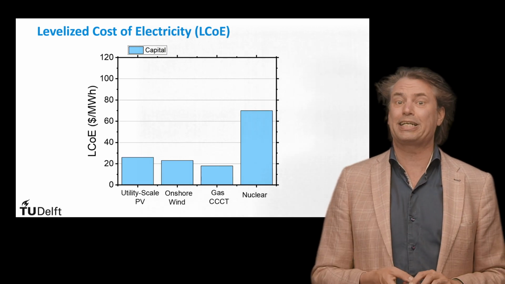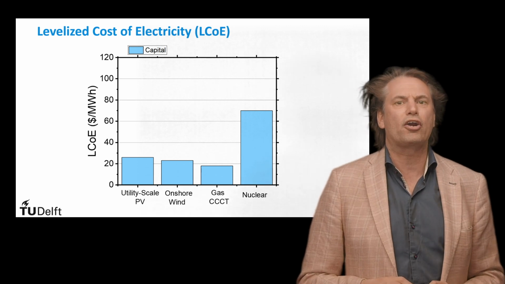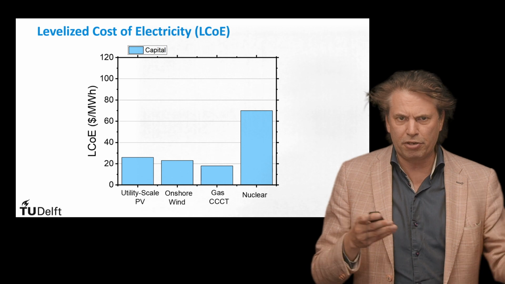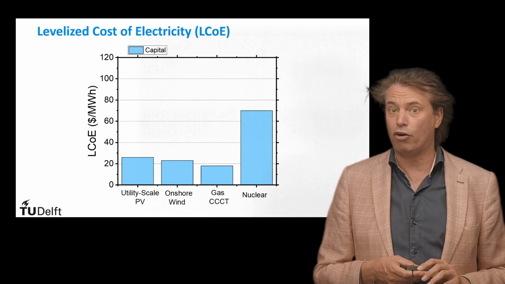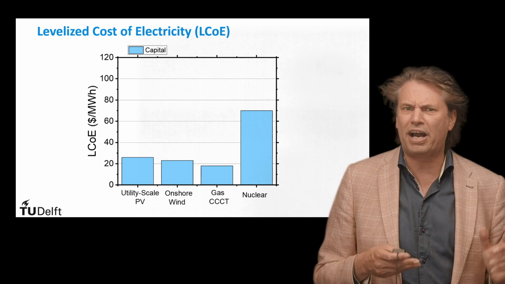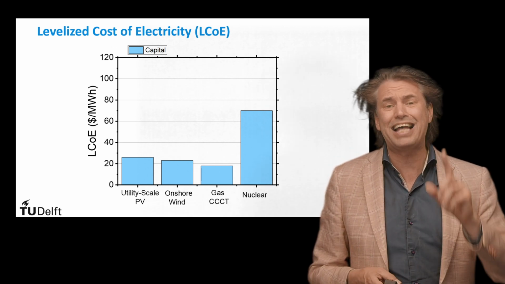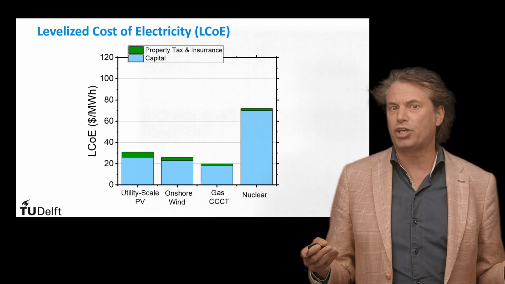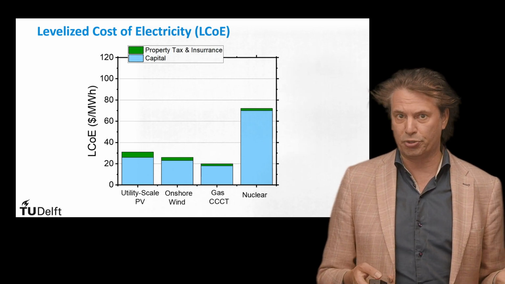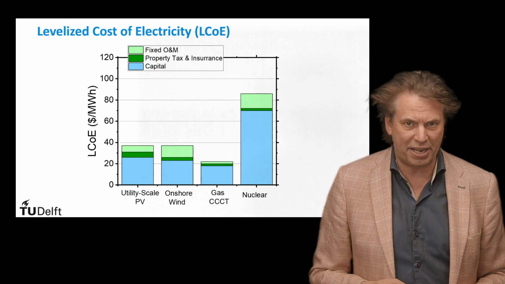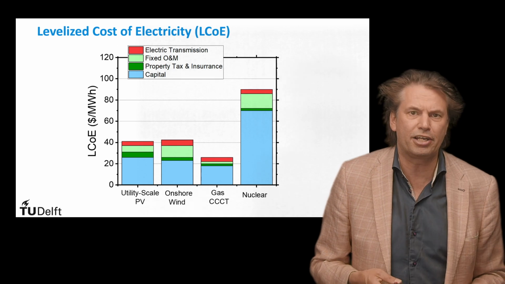The levelized capital cost in blue are calculated for the technologies under study. Here we look at large-scale utility PV on land, onshore wind energy, combined cycle gas turbine plants, and a nuclear plant. Other cost components are the property tax and the insurance, here shown in the dark green, the fixed operational and maintenance costs, here shown in the light green.